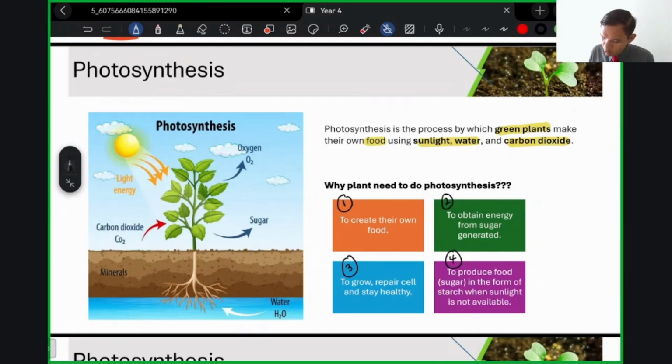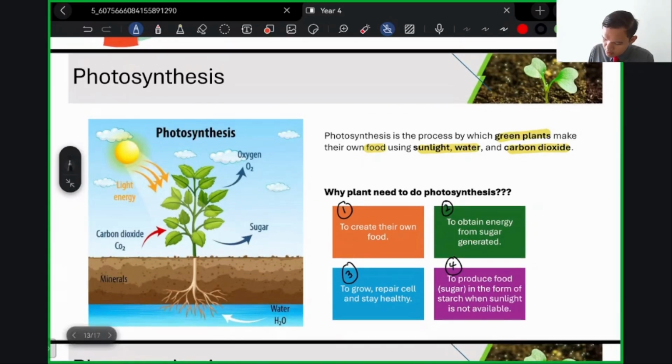So I will show you an illustration. Now, assume this is glucose, a small molecule. Meanwhile, starch is the combination of the small molecules.